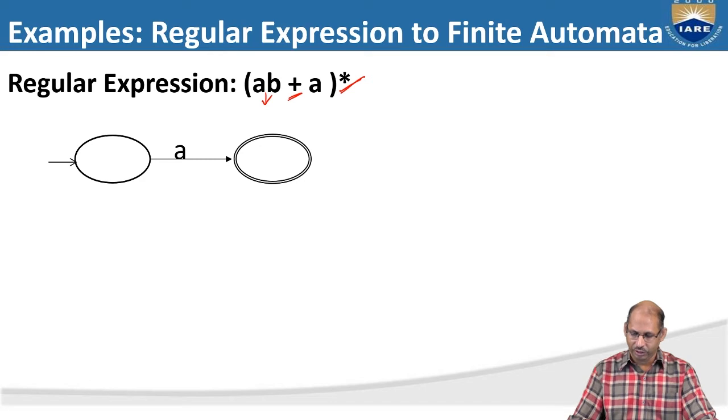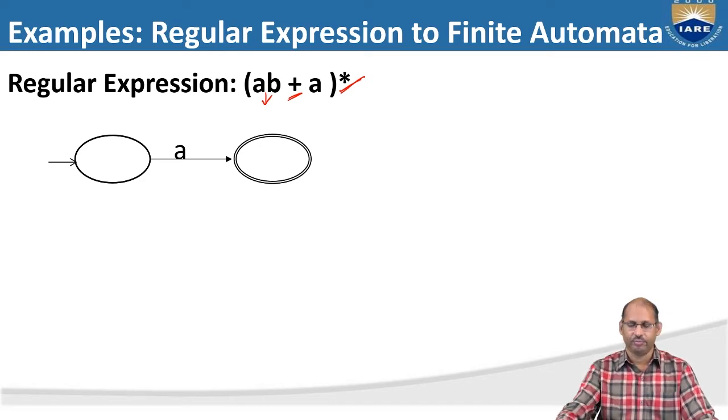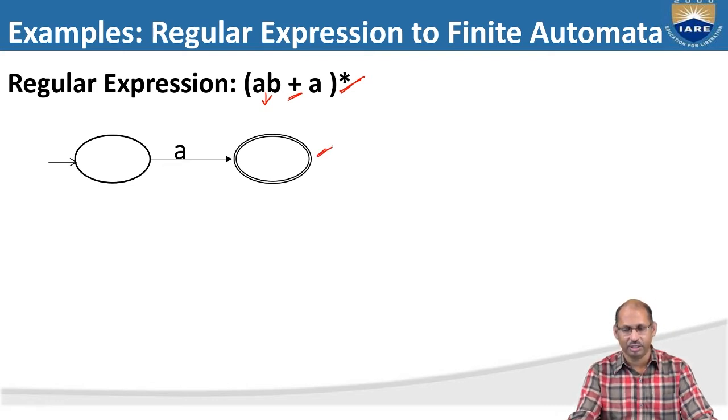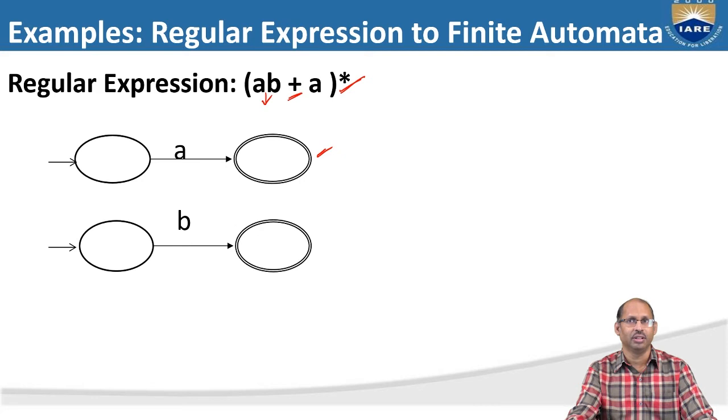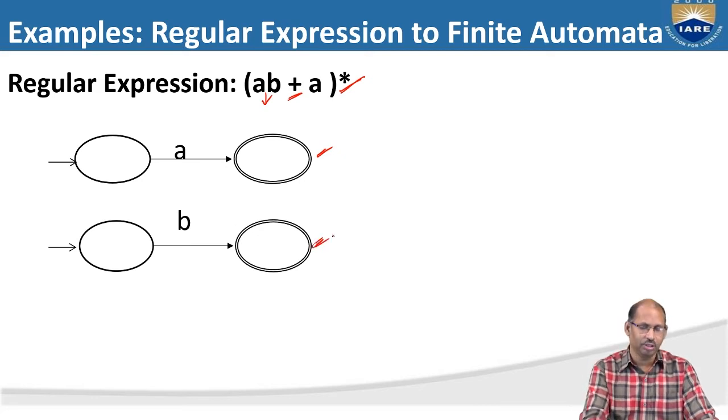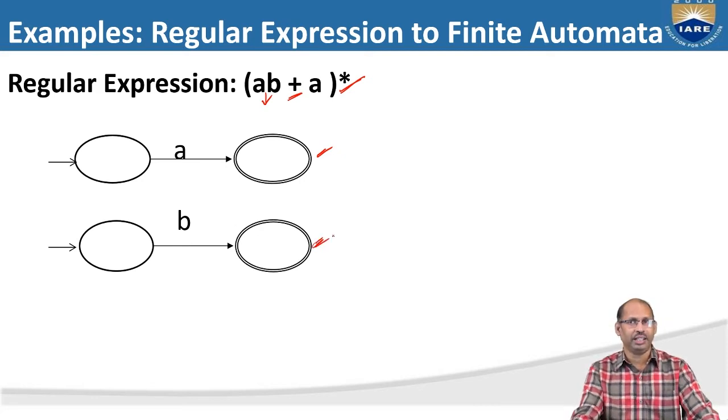Now, we are writing the finite automata for A. This is the finite automata for A. Then this is the finite automata for B. Then we want AB. What is the first one?